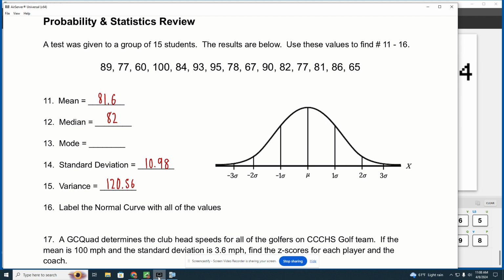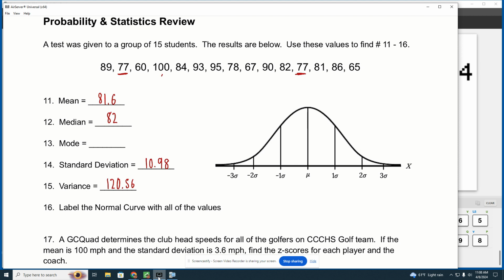Okay? Mode. Remember what mode is? Yeah, it's the one that's most frequently occurring. So here's what I do. I just start with 89. Y'all see 89 again? I don't either. How about 77? You see 77 again? Yeah, I see it here and here. How about 60?